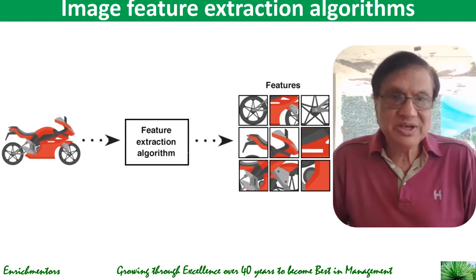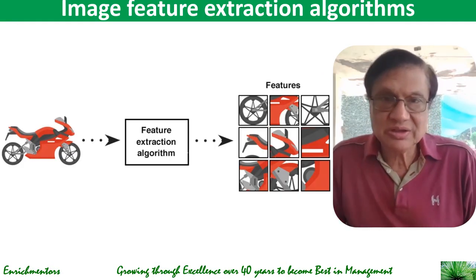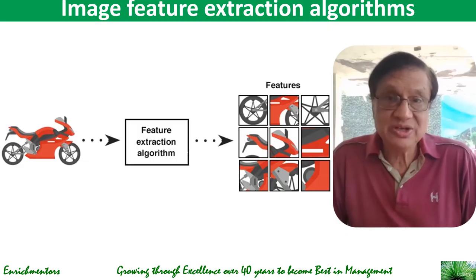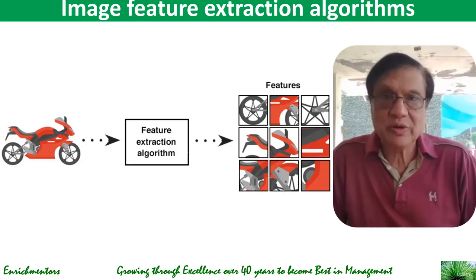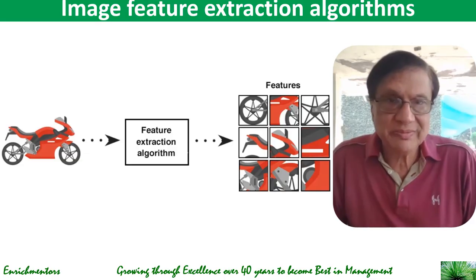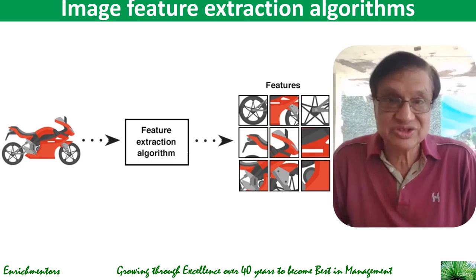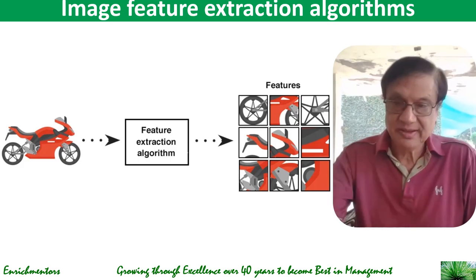So these are some of the key image feature extraction algorithms used in computer vision tasks. The choice of algorithm obviously depends on the specific requirements of the task, including the nature of the images, the desired level of abstraction, computational efficiency, and accuracy constraints.